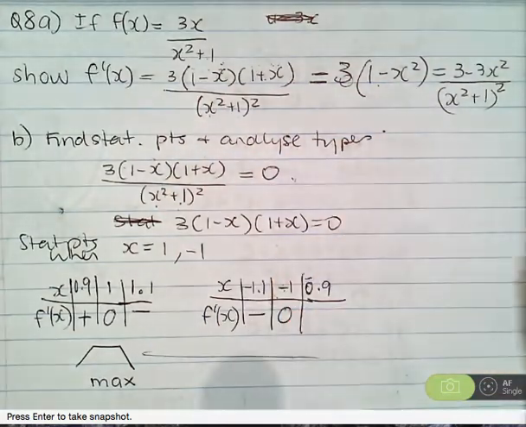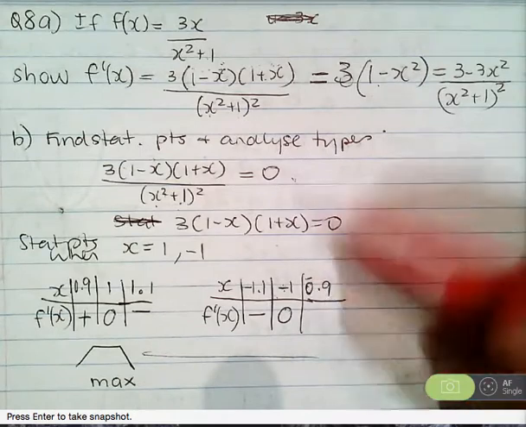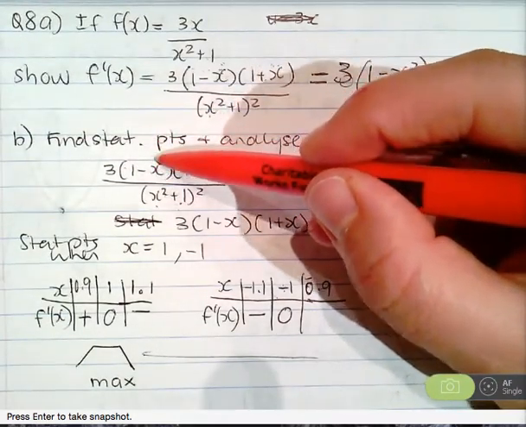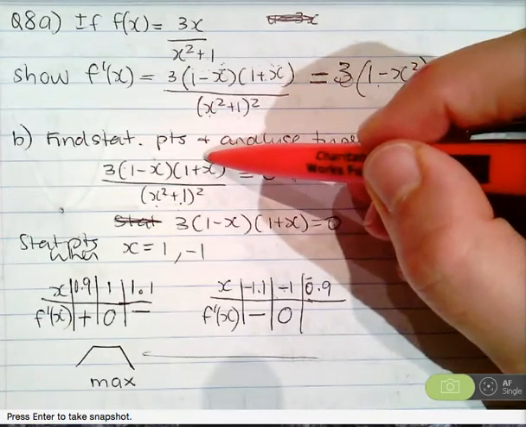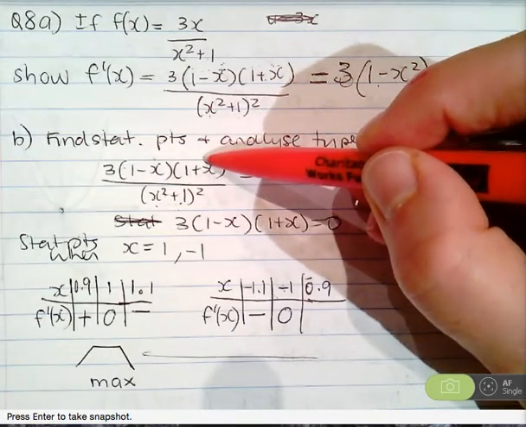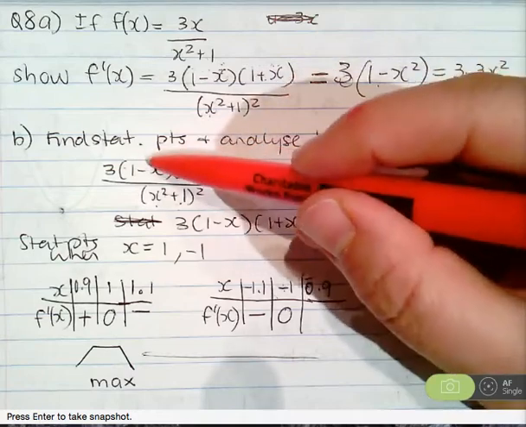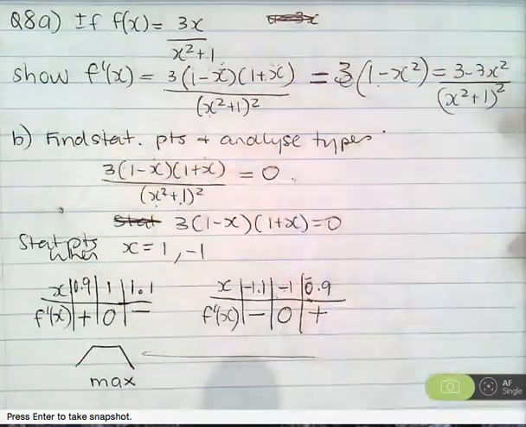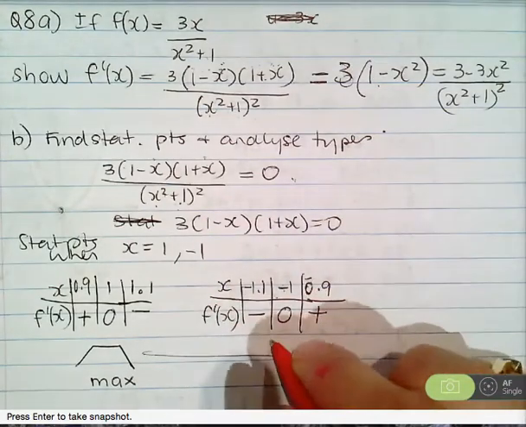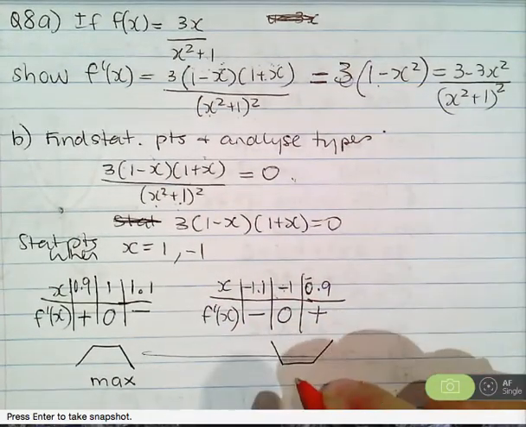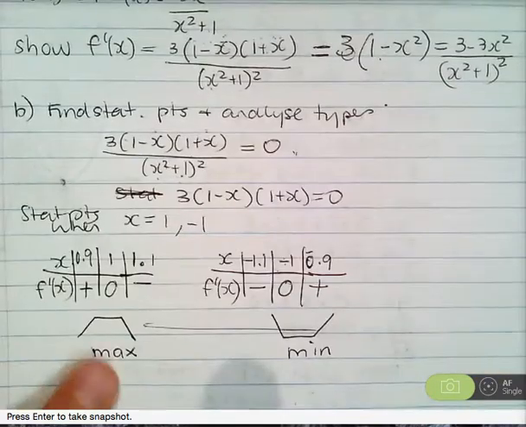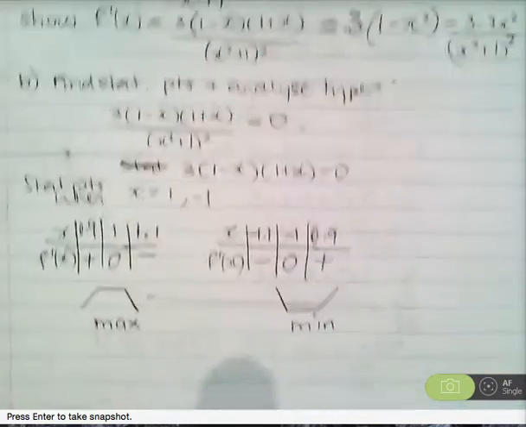I know I've got 0 for my first derivative there, and for negative 0.9, 1 minus negative 0.9 is 1 plus 0.9, that's positive. 1 plus negative 0.9 is still positive because it's positive 0.1. Positive times a positive over a positive. This is a positive. You can actually work out what it is, but this is a quick way to do it. So you've got negative gradient, 0 gradient, positive gradient. You've got a minimum. So therefore, we've got a maximum and a minimum.